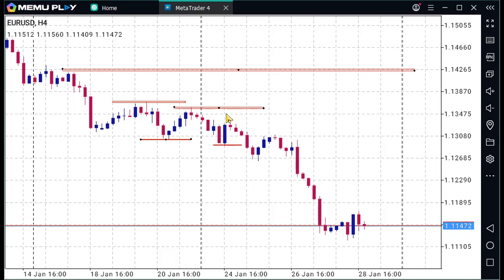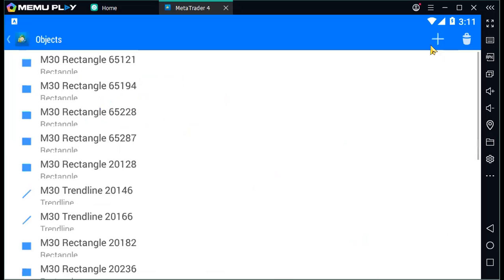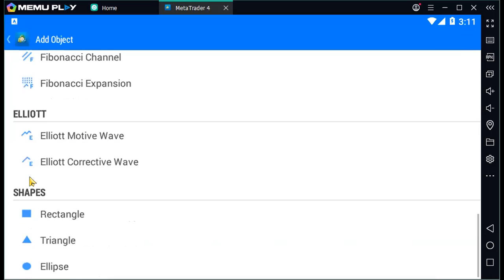And then we have a push downwards. So this becomes our R1, resistance 1, and these two zones are our resistance 2. Then the last resistance the market created was at this point. I'm using the 4-hour time frame.